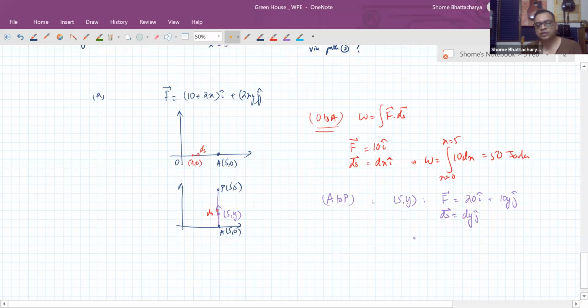Okay, so my work done is becoming 10y dy from y equal to 0 to y equal to 5. So the work done is becoming 5y square from y equal to 0 to y equal to 5. So it's becoming 125 joules.